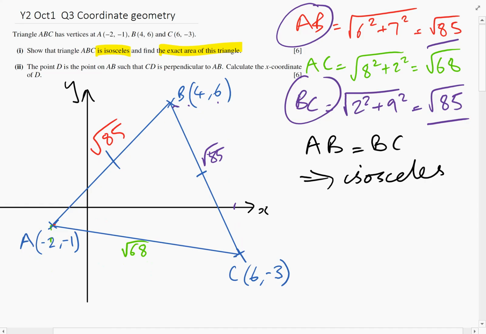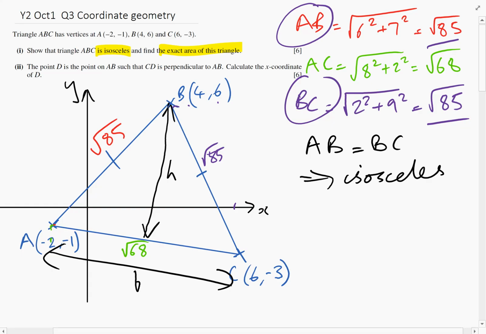So if we do that, then let's do this perpendicular height here. Okay, so if we call this H, and if we just do H times half the base, which you already know is root 68, then that will be the area of the triangle.